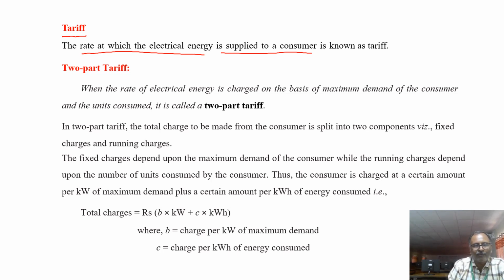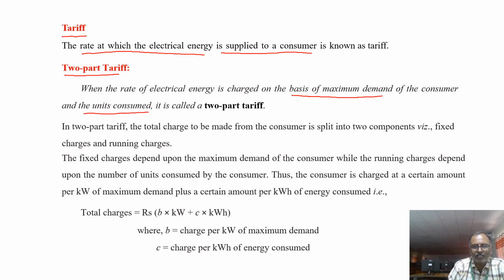In the tariff, we are going to have two-part tariff. Two-part tariff is charged based on maximum demand of the consumer and the amount of units consumed by the consumer. So as it has two parts, for calculation of annual bill, we call it two-part tariff. It is based on maximum demand and number of units consumed. Okay.